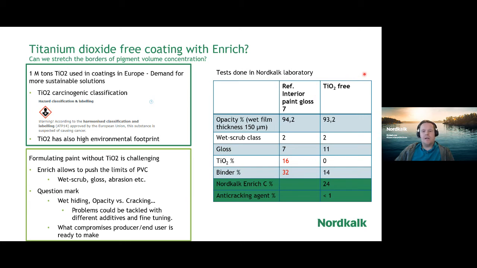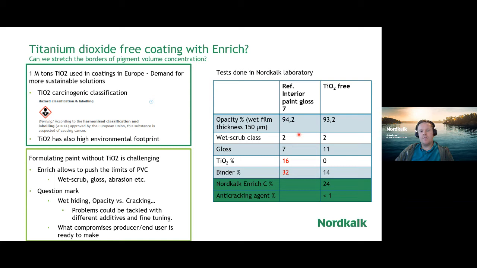This is not totally fine-tuned, just a test done in the Nordkalk laboratory. We have done quite many tests, but this is just a pickup from these tests where we have a wet film thickness of 150 micrometers. The reference paint here is paint gloss 7, and then we have the titanium dioxide free paint with Enrich.